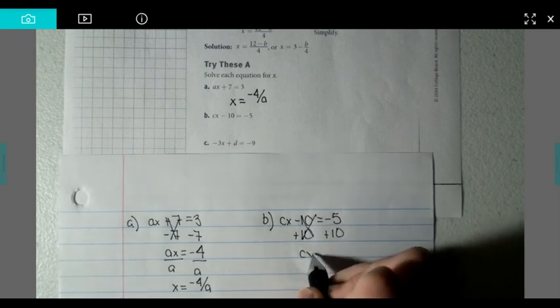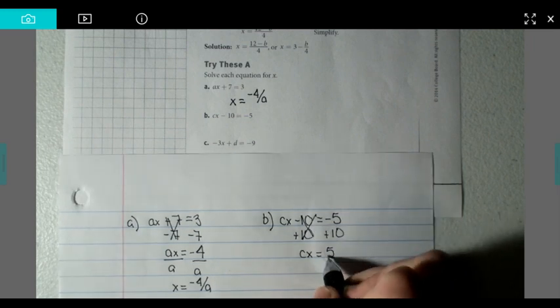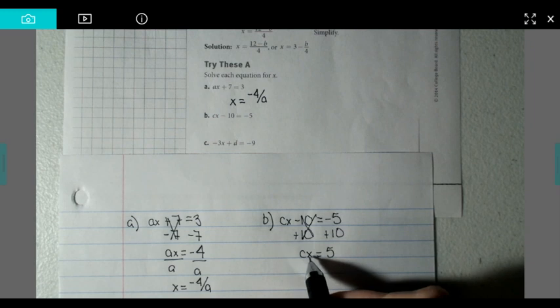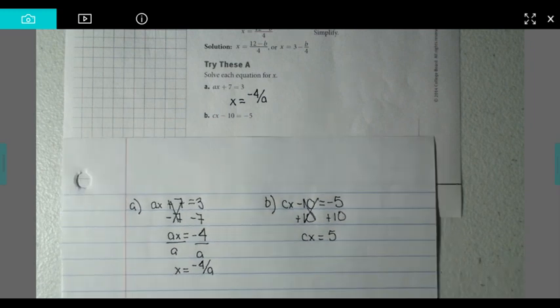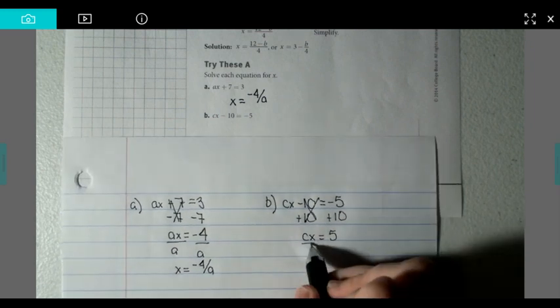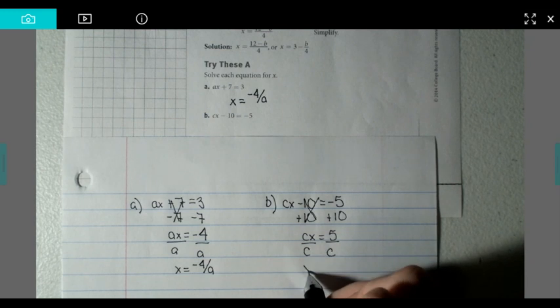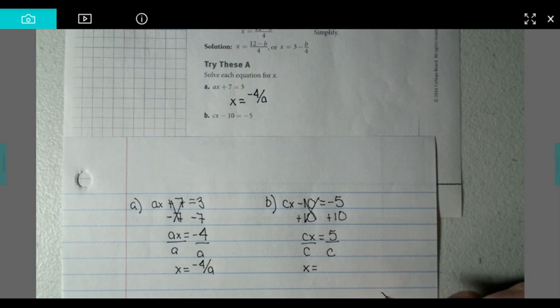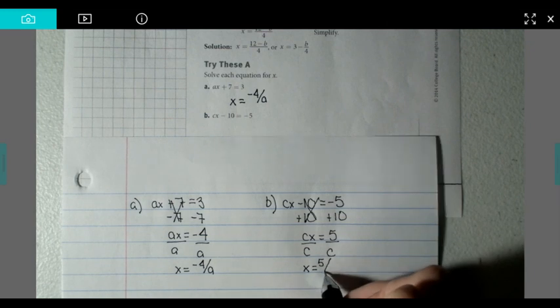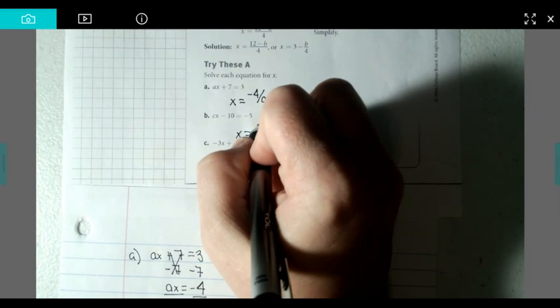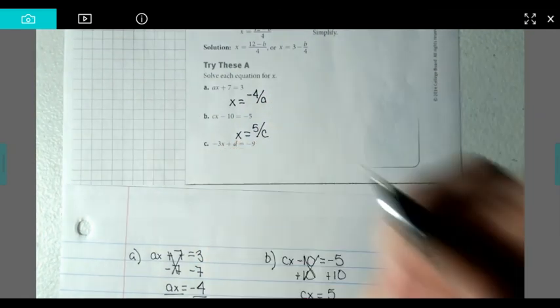That leaves me with cx equals 5. Now, isolate the x. Well, c is being multiplied to x, so to undo multiplication, we would do division. So we are going to divide by c. So x is equal to 5 over c. x equals 5 over c.